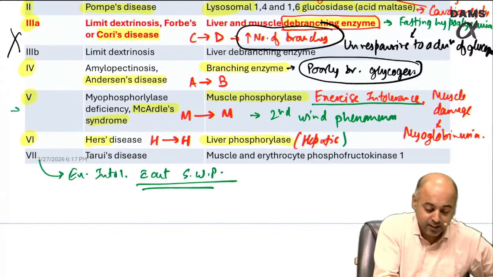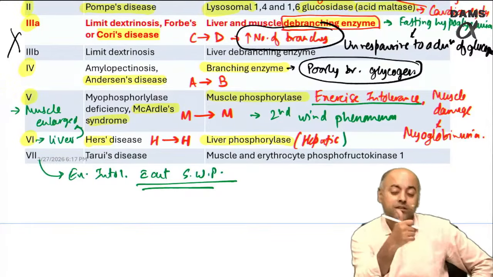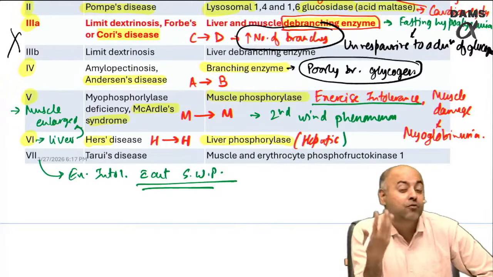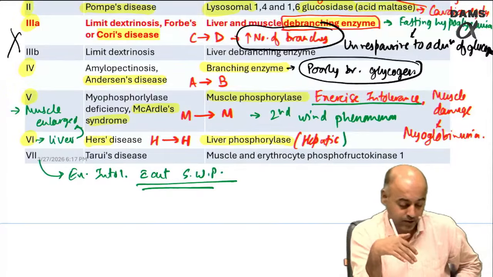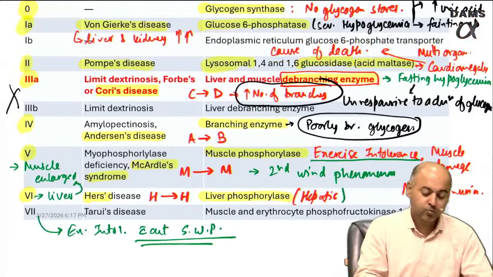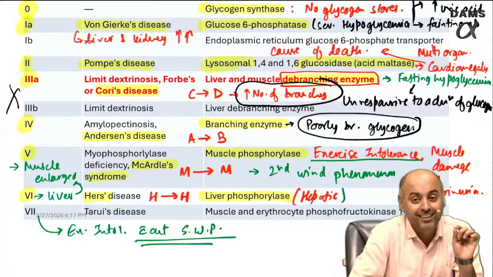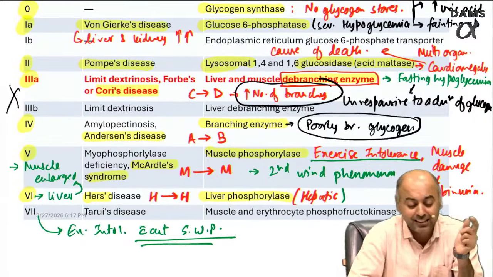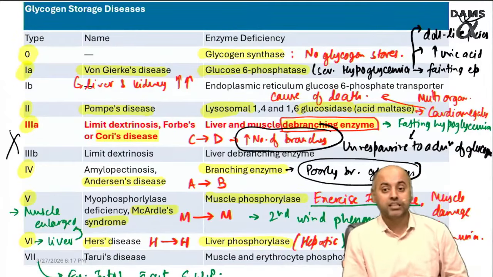Please remember, in type 5 only muscle will be enlarged, whereas in type 6 only liver will be enlarged, because in type 5 it is myophosphorylase which is deficient, in type 6 it is the hepatic phosphorylase which is deficient. So I hope with the help of some of these important features, you'll be able to identify the type of glycogen storage disorder in the clinical case, and then you have to apply the information in the table on which enzyme deficiency is seen.